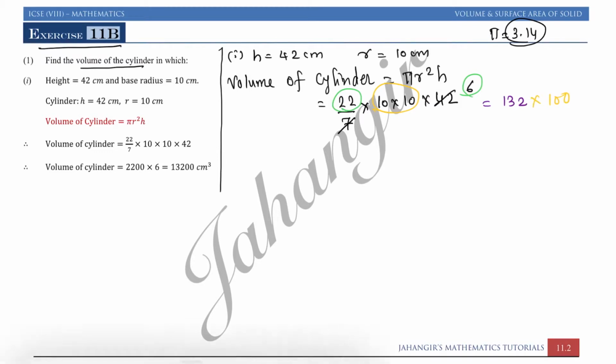Therefore the volume of the cylinder is equal to 13200 centimeter cube.